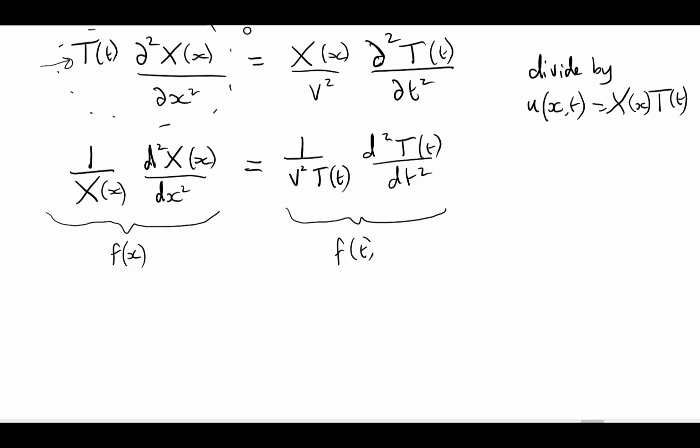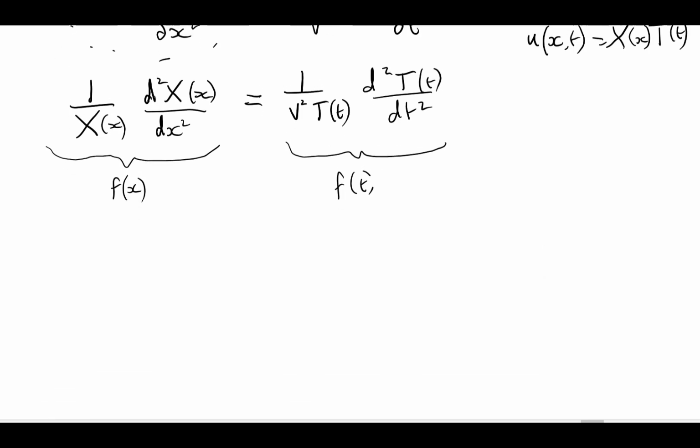So we recognize that if the left hand side is only varying with respect to x, and the right hand side is only varying with respect to time, we can change the left hand side independently of the right hand side, and we can allow for each of these expressions to be equal to some constant.